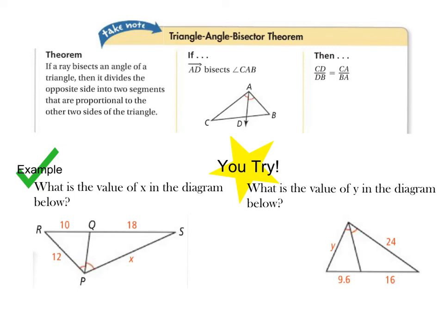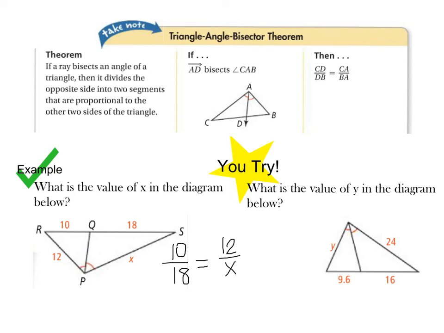So here's an example. It says, what is the value of x in the diagram below? So I see I have a triangle, and this triangle has been split into two smaller triangles by this angle bisector. I know it's an angle bisector because of these arcs right here. So I can make the proportion 10 is to 18 as 12 is to x.